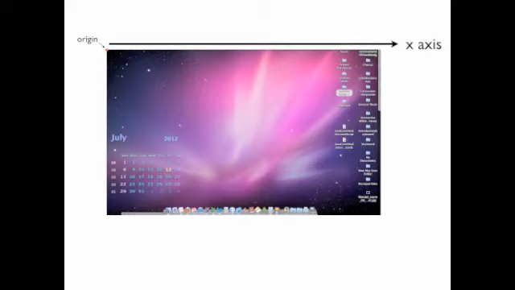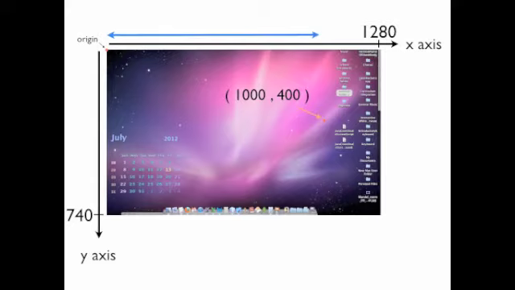The picture that you're looking at right now has a resolution of 1,280 pixels wide and 740 pixels high, or the distance from the origin to the bottom of the screen. Here's the pixel at x equals 1,000, so that's 1,000 pixels over on the x-axis, and y equals 400.